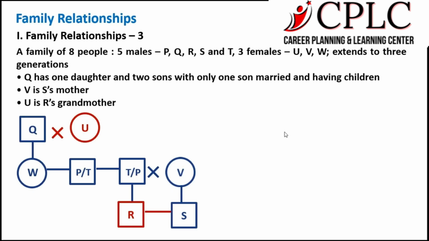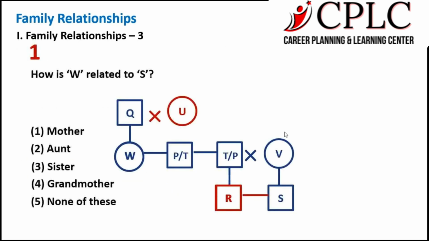Now let's look at the questions based on this. The first question is: how is W related to S? So W is a lady, of course, and S, as you can see from the final diagram, W has to be the aunt of S. So the answer is aunt, which is answer 2.